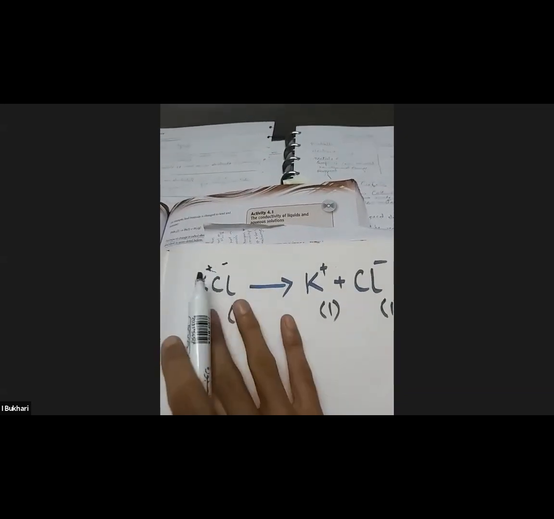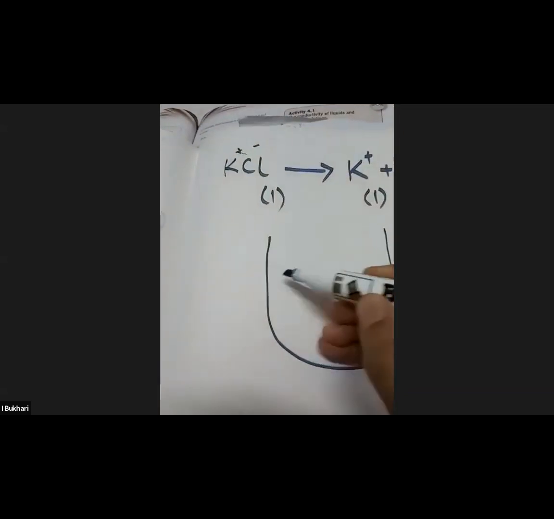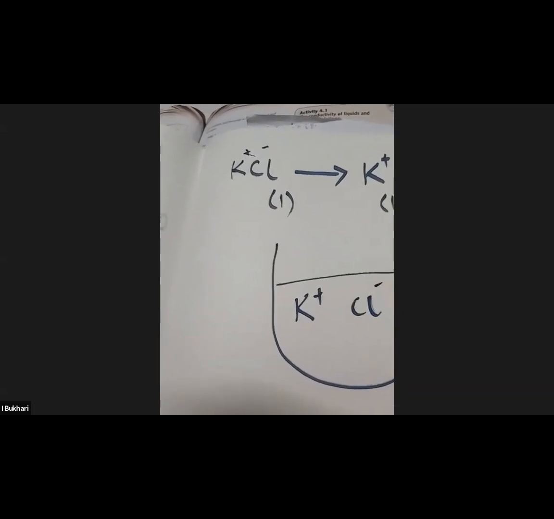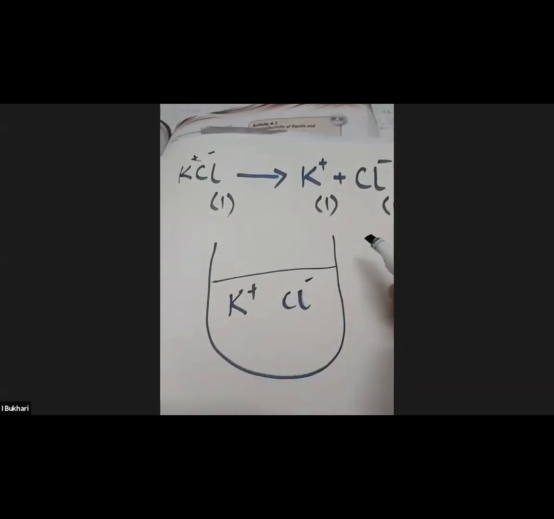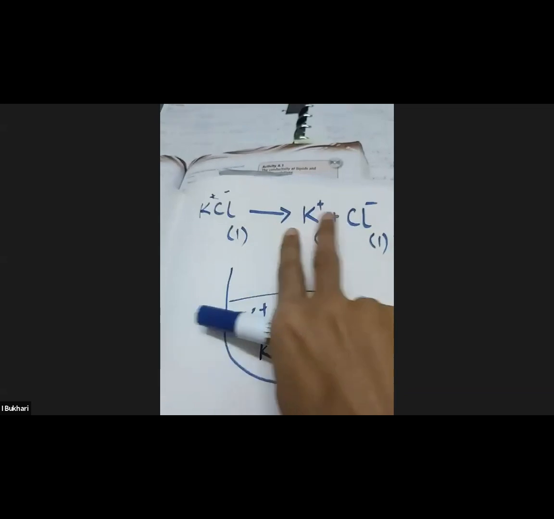Do you think they will exist on their own? No, together in the molten form, liquid potassium ions, chloride ions. If you visualize them in a container, molten or dissolved, they will be in the form of potassium ions and chloride ions. I have just written it separately.